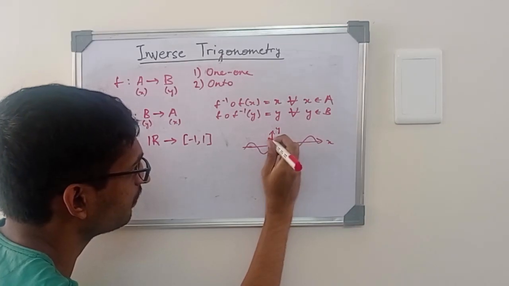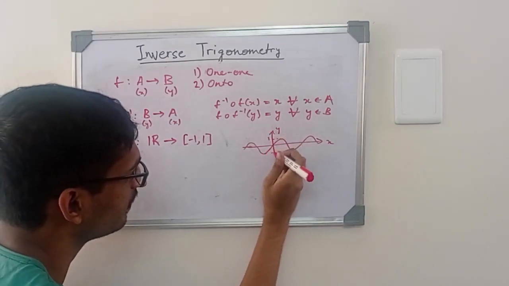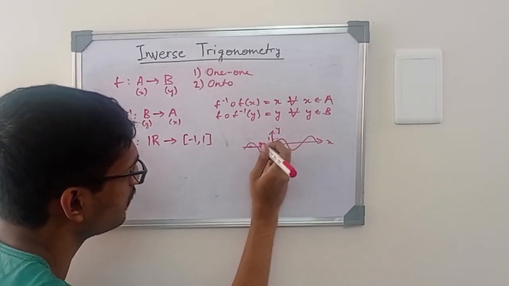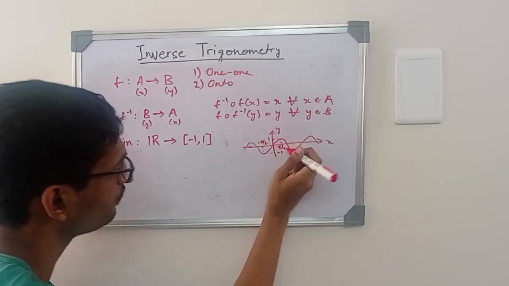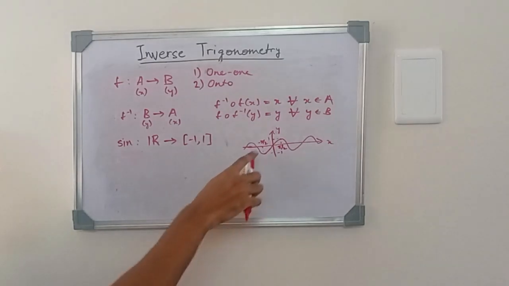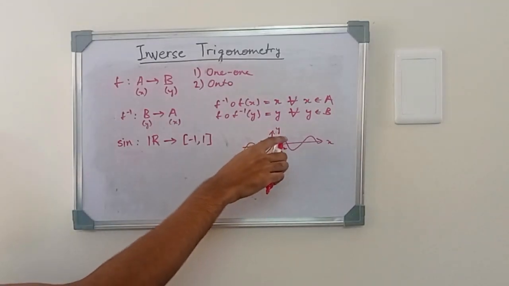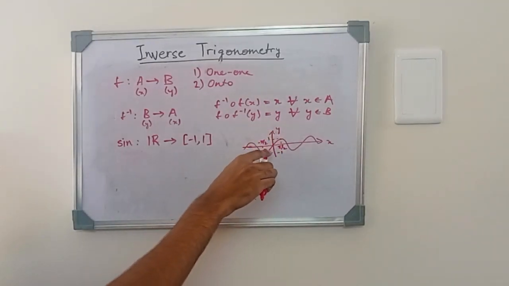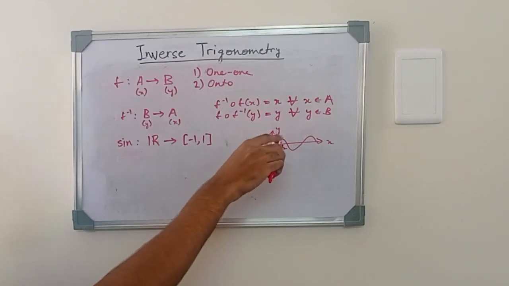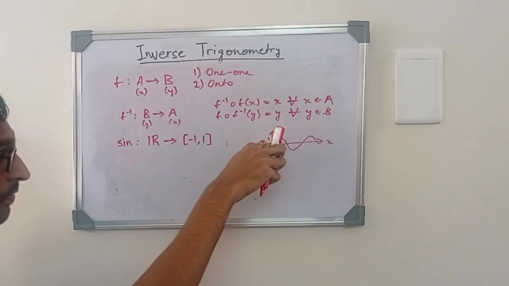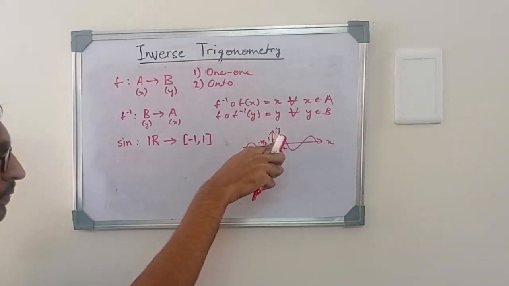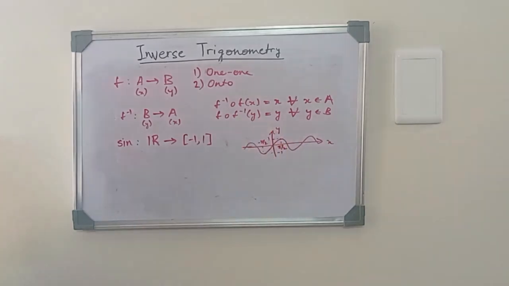See, this is y, this is 1, this is -1, this is minus pi by 2, and this is pi by 2. Now in this interval minus pi by 2 to plus pi by 2, the function is strictly increasing, and it is clearly one-one. There is no repetition of values in this interval.